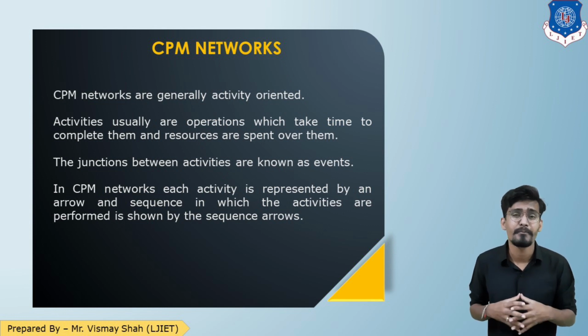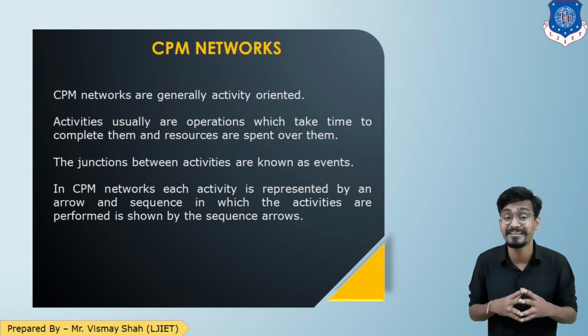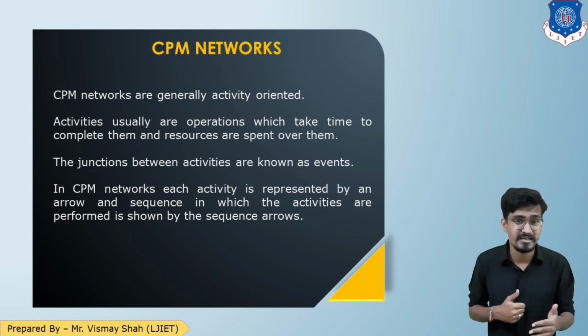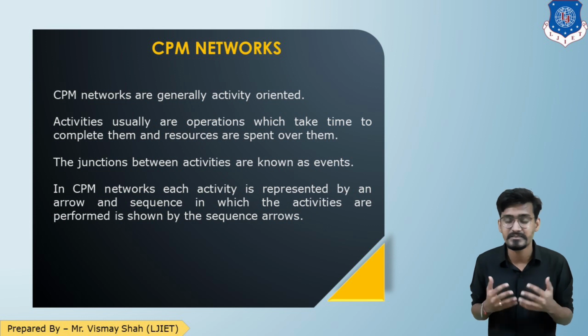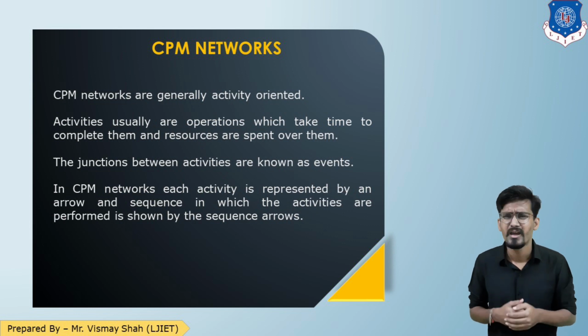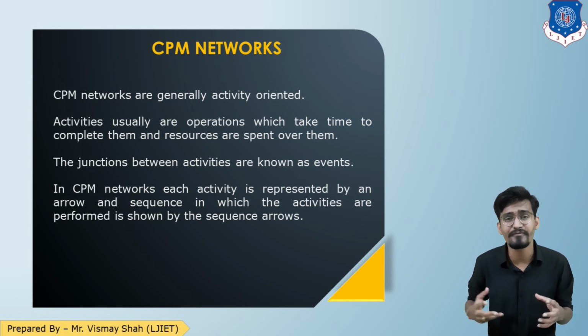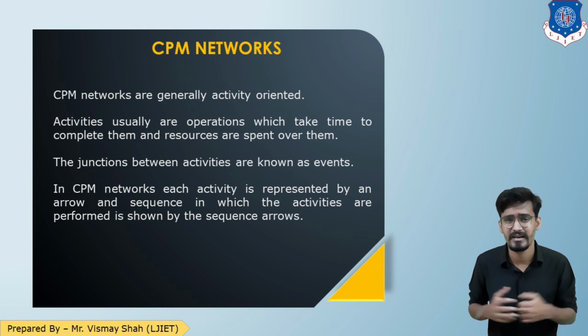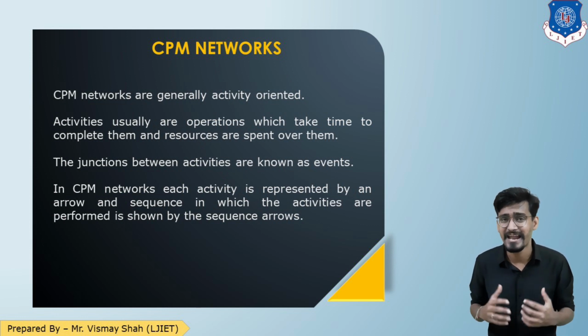So students, the networks we are learning are of two types, activity-oriented and event-oriented, and the CPM method is based on activity-oriented. An activity is an operation which requires time and resources to complete, as you already know. The junction between the activities is known as an event. In the CPM network, activities are represented by arrows and events are represented by circles, and a network is a sequence of arrows involving a number of activities. So that is our CPM network.